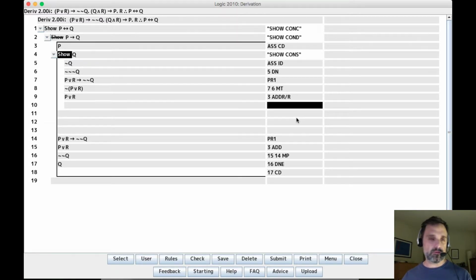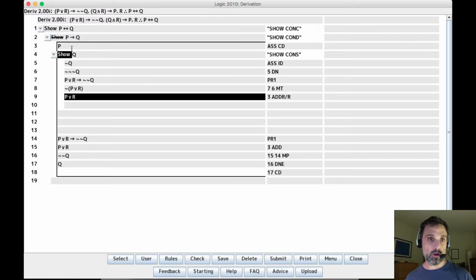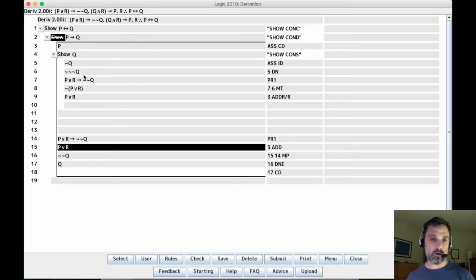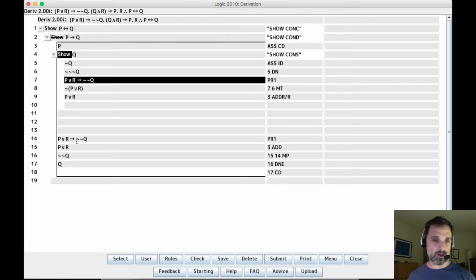Otherwise, you have to figure out some other way to deal with that negation, and that's going to be hard. So the best way to do it is this way. The next best way to do it is this, and after that things get tricky. So introduction rules, and note that in both cases the fundamental move is to go from P to P or R, either here or here, and then use that in interaction with what we get from the conditional.